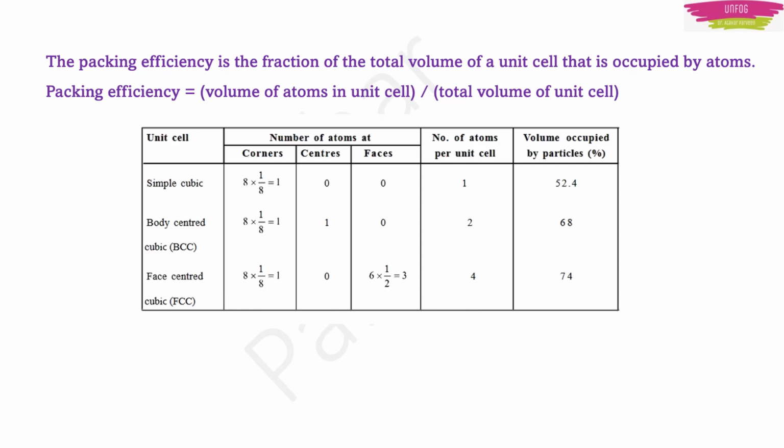You add number of atoms and you multiply by the volume of each atom. That will be in your numerator, and total volume of unit cell will be in your denominator. When you take the ratio of these two things, you will get what we call packing efficiency. Usually we address it in percentage only. It is nothing but the fraction of total volume of unit cell that is occupied by atoms.